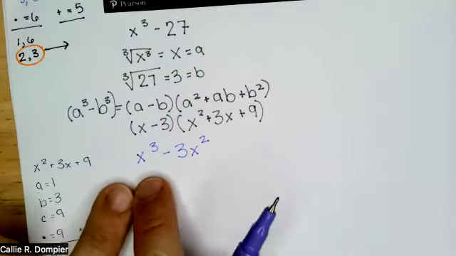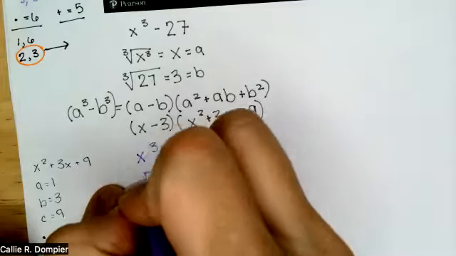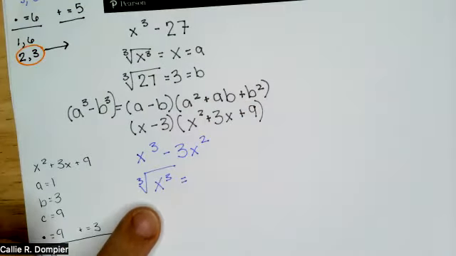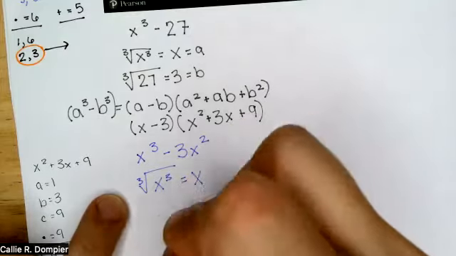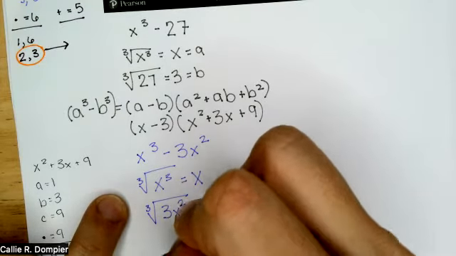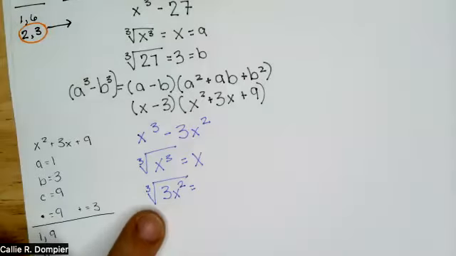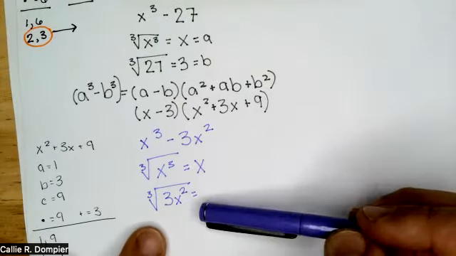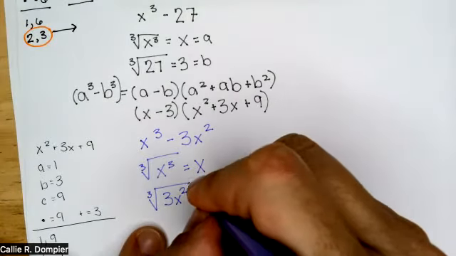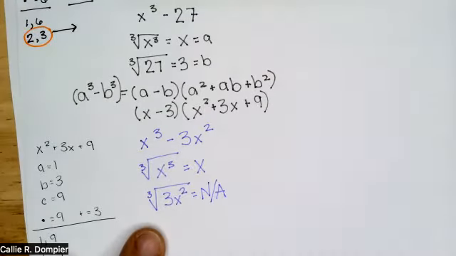I know that X cubed, I can take the third root of that, right? And it becomes X. But if I put 3X squared and I try to put it under a third radical, there is no perfect cube of it.